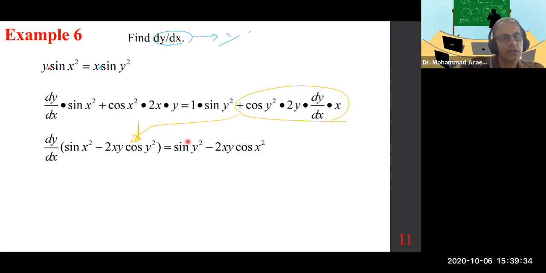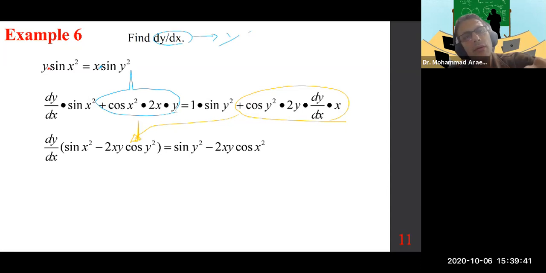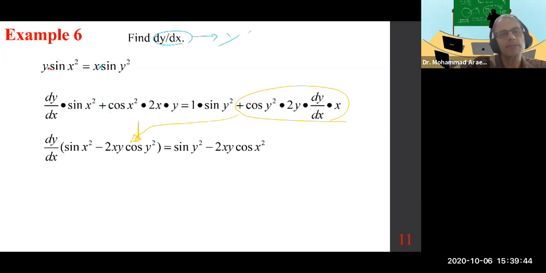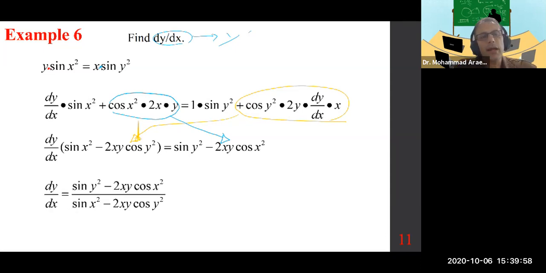So let's do this. Minus, and you put the 2xy in front. Divide both sides by the parentheses and you're done. Okay, and there's nothing you can do to simplify this further. It's important to see that it is a done deal, everybody. It is a done deal. Okay, all right.